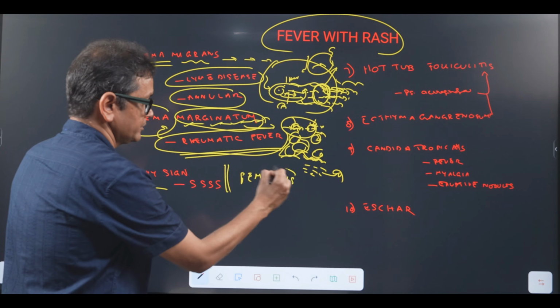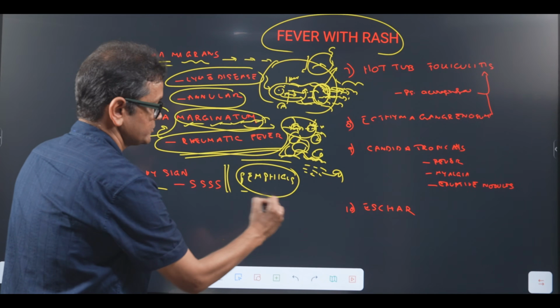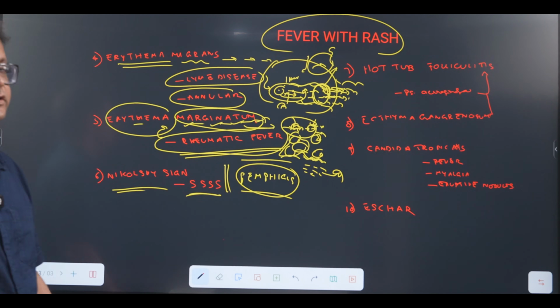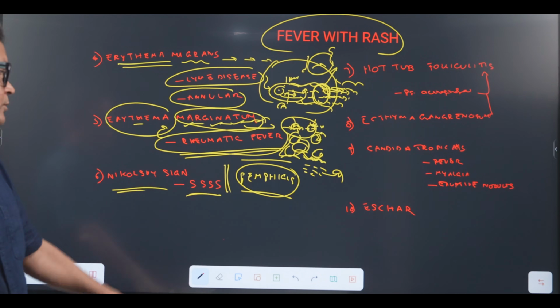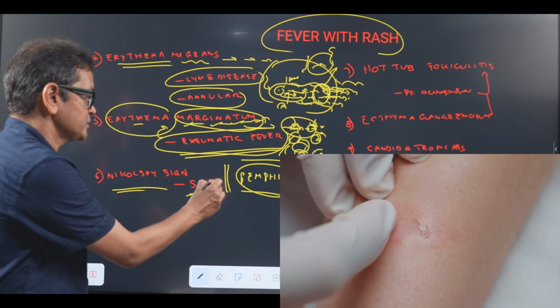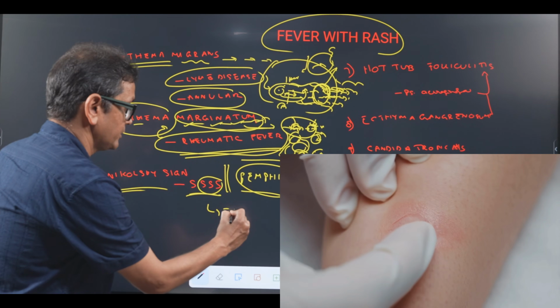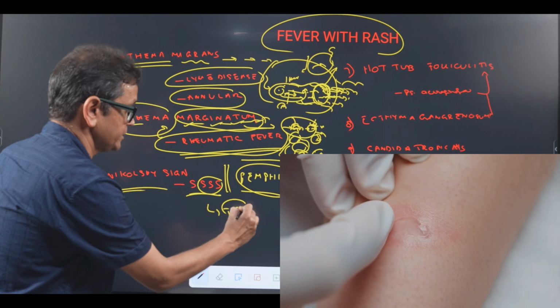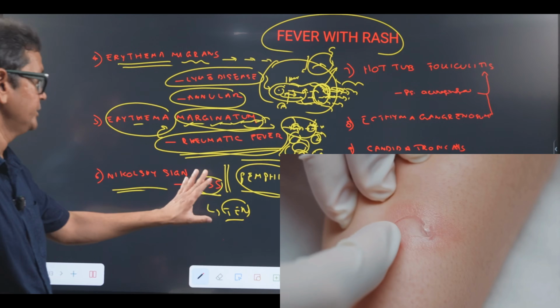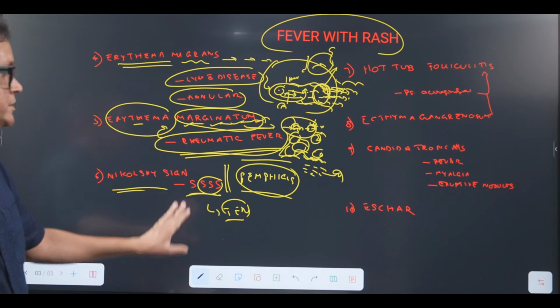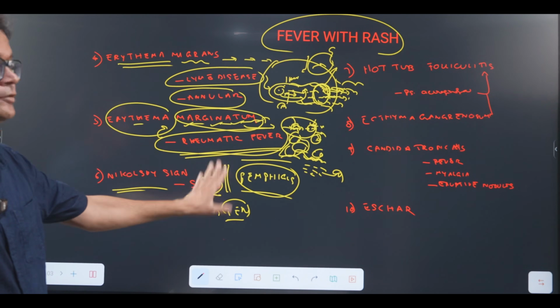But it is not 100% specific because this entity, what is this? Induced by Staphylococcus, detachment of skin. If it is severe, it is called toxic epidermal necrolysis also. There are many etiologies for this, but we limit our topic to this discussion only of SSS, staphylococcal scalded skin syndrome.